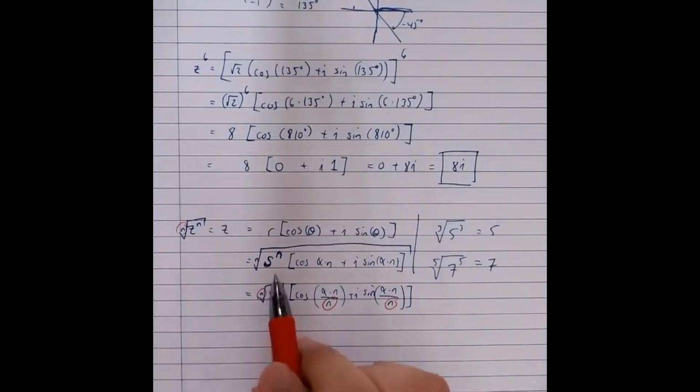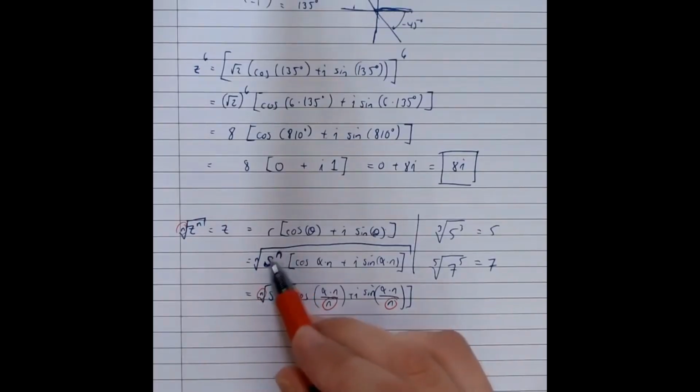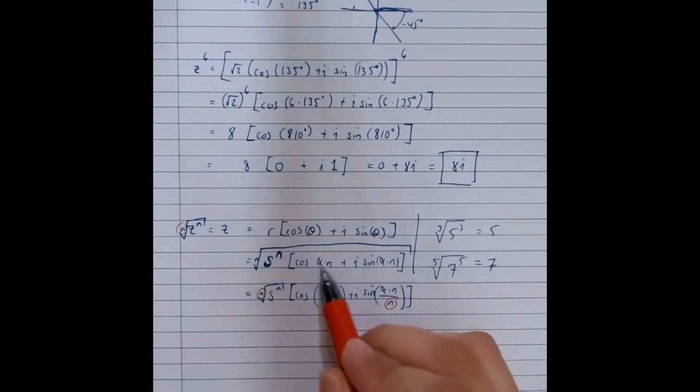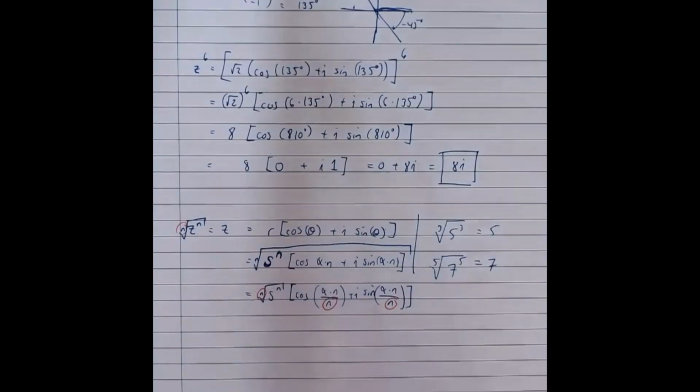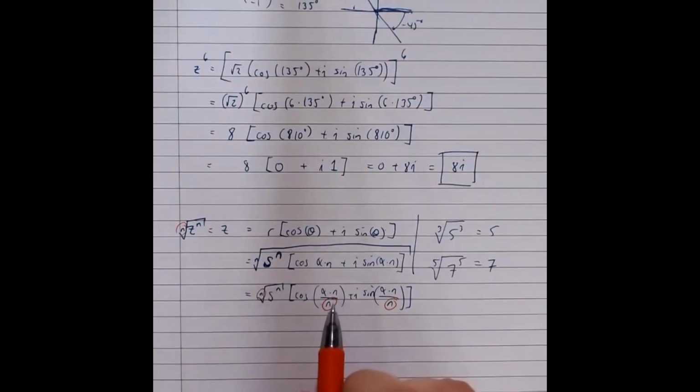By taking the nth root, it caused me to take the nth root of this modulus, which wasn't there before, and it caused me to take this argument and divide it by n. So that means that if I take the nth root of something, that's going to amount to taking the nth root of its modulus and dividing its argument by n.